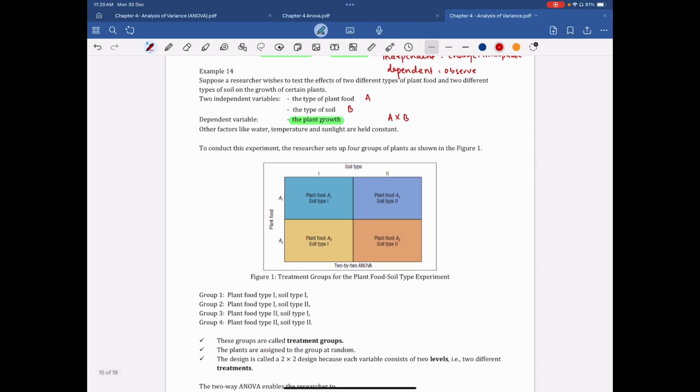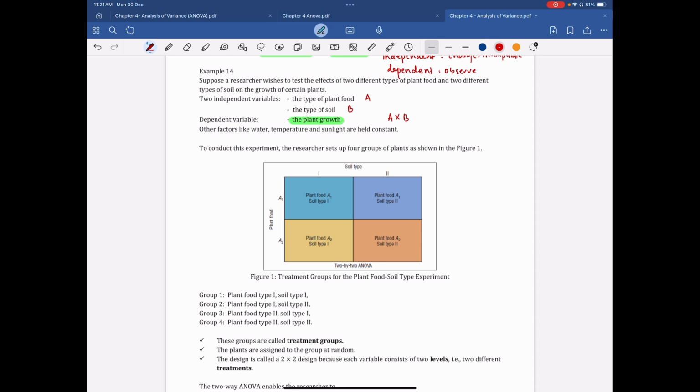Suppose a researcher wishes to test the effect of two different types of plant food and two different types of soil on the growth of certain plants. Maybe this plant food we can also consider as fertilizer.